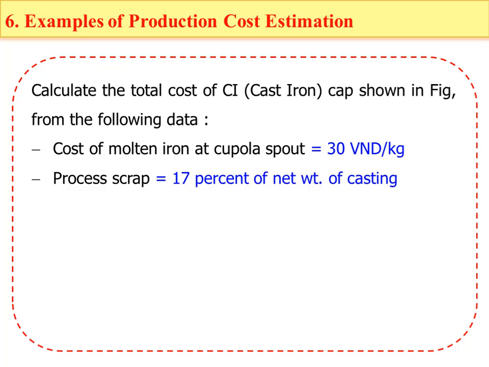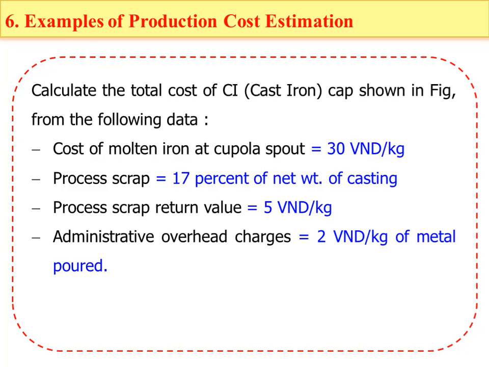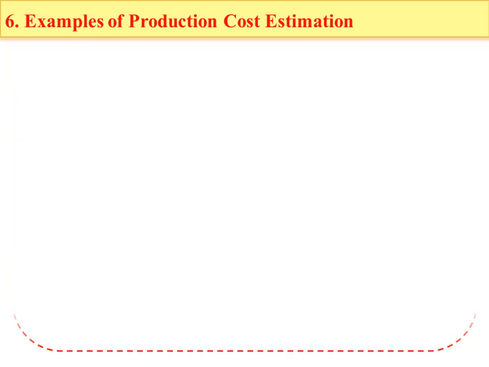Process scrap equals 17% of net weight of casting. Process scrap return value equals 5 Vietnam dong per kilogram. Administrative overhead charge equals a fixed amount of Vietnam dong per kilogram of metal poured. Density of material used equals 7.2 grams per cc.